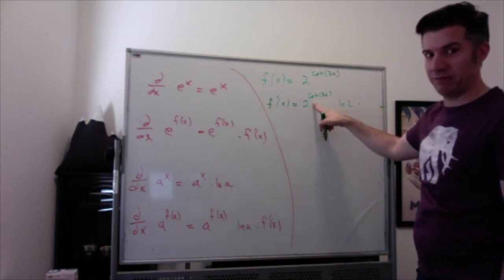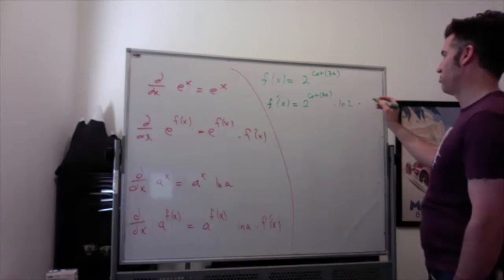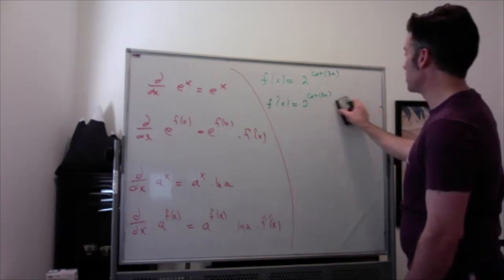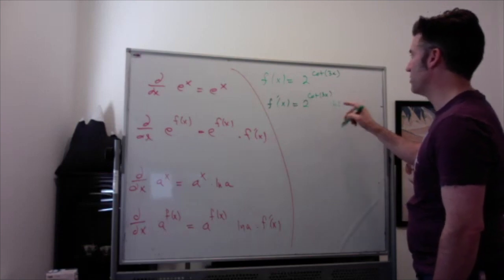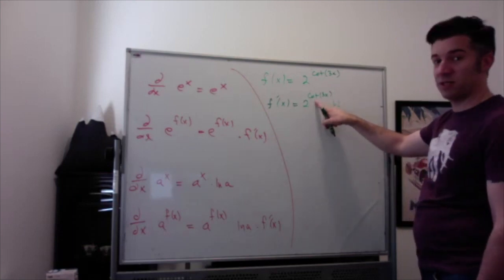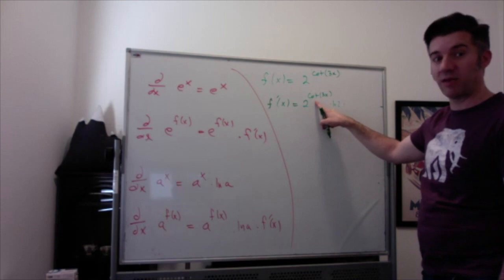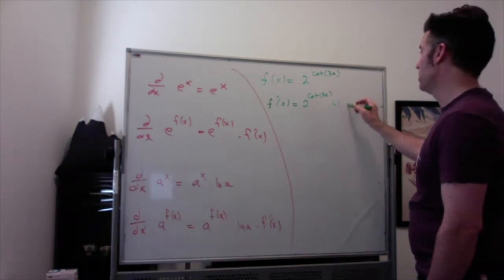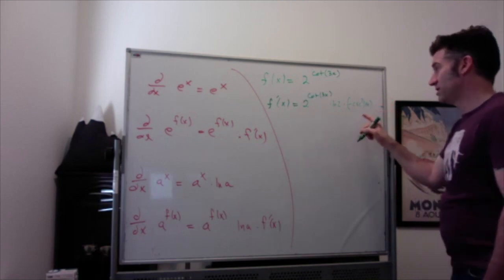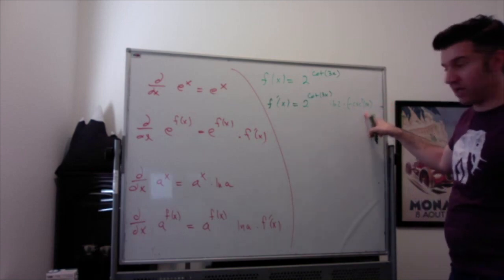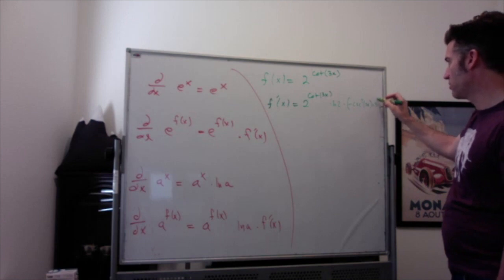The derivative of cotangent of something is negative cosecant squared of that something. So it's negative cosecant squared of 3x times the derivative of 3x, which is just 3.